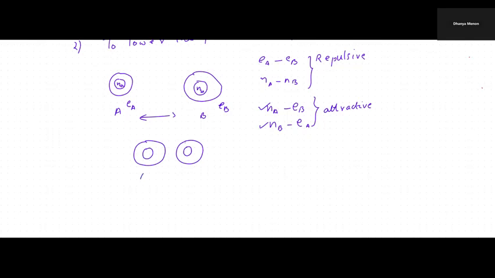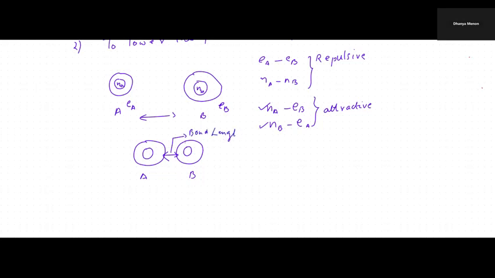Suppose this is an optimum distance. Here the attractive forces are maximum and a chemical bond is formed between A and B. And this optimum distance is called the bond length.